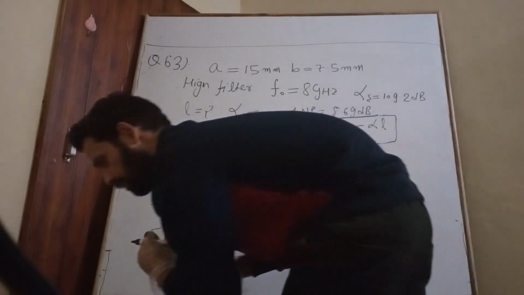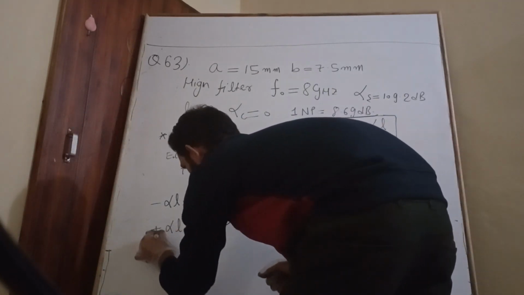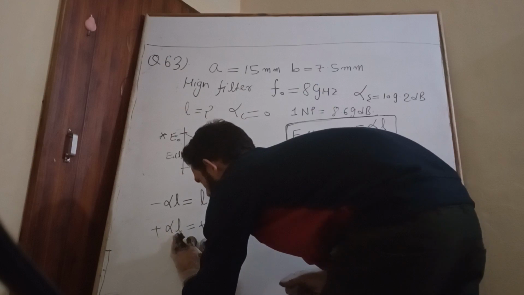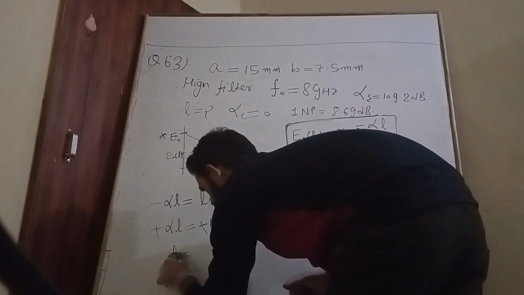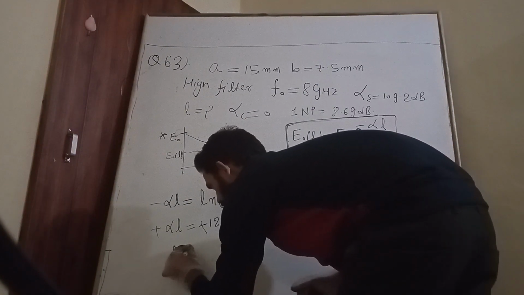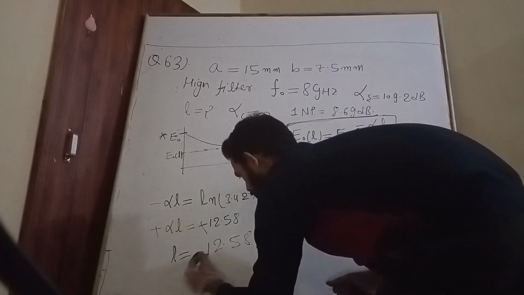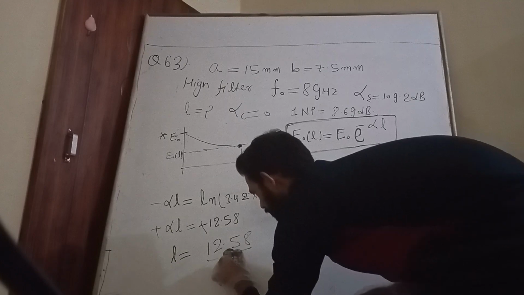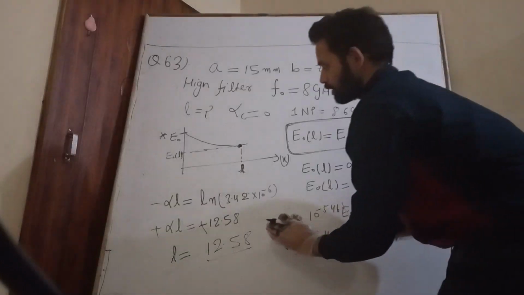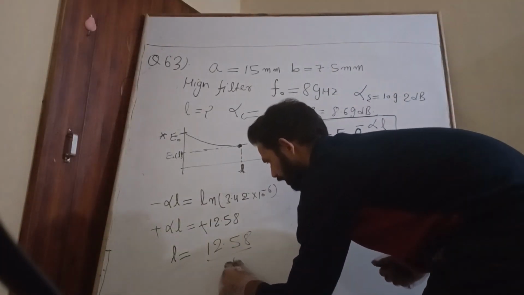The minus signs cancel, and we get the length of the filter: L is equal to 12.58 divided by alpha.